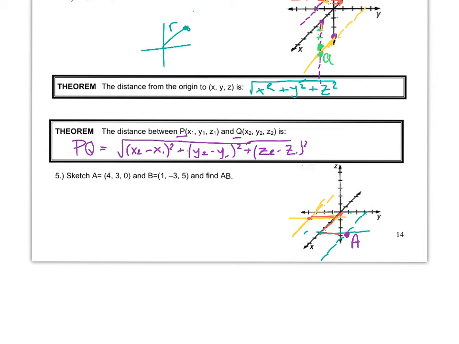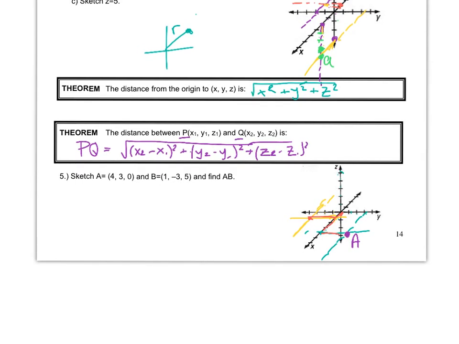So 5 on the z-plane is right here, but I'm actually counting from right here, going vertically 1, 2, 3, 4, 5. Those aren't always going to be perfect, but you should still be able to indicate pretty closely where that point is going to be. So that's B.